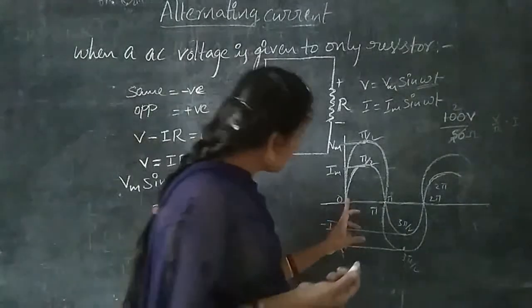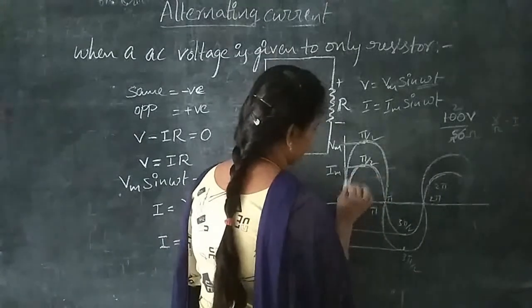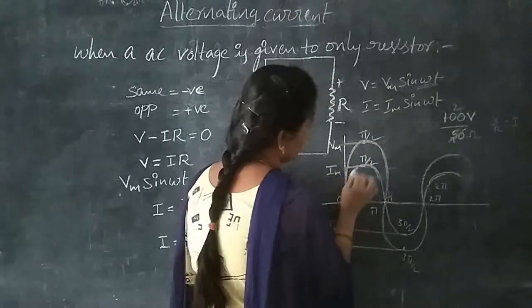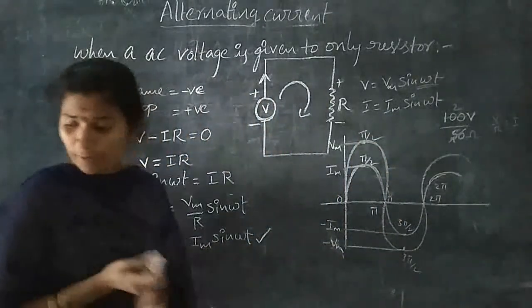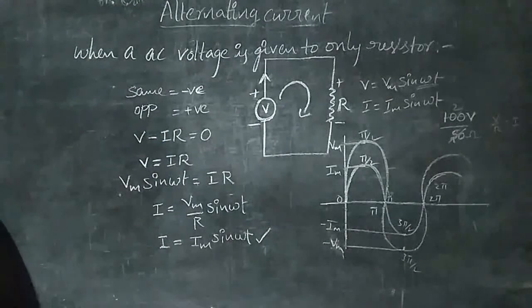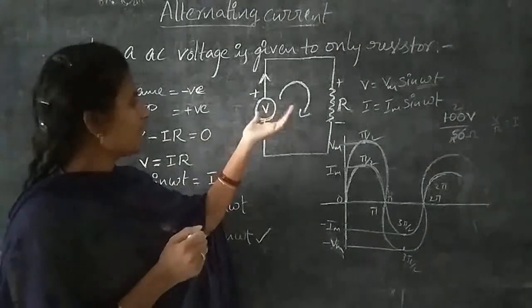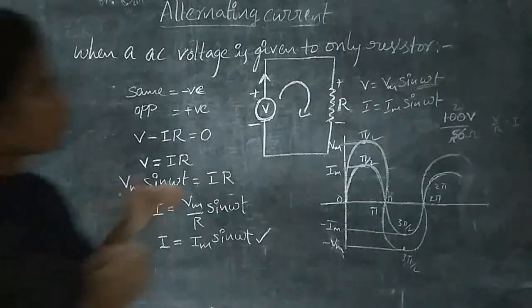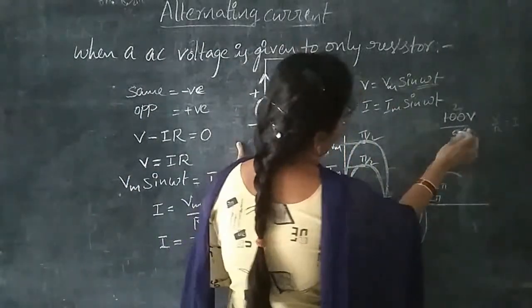That's why the graph is shown like this, with the voltage at maximum and the current lower. Suppose we apply 100 volts and the resistance is 50 ohms.